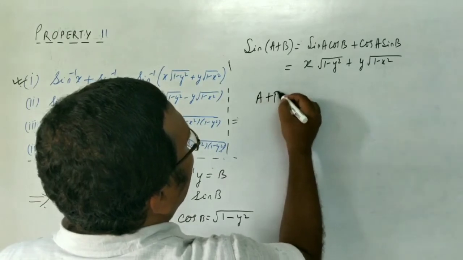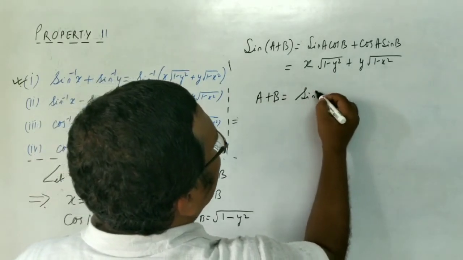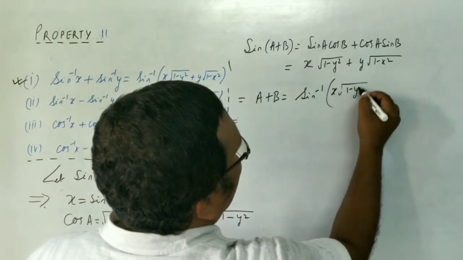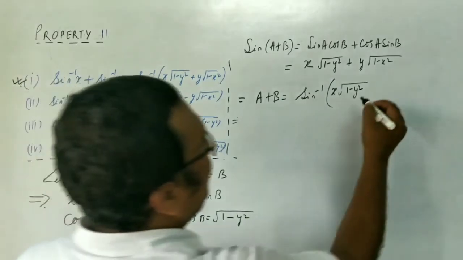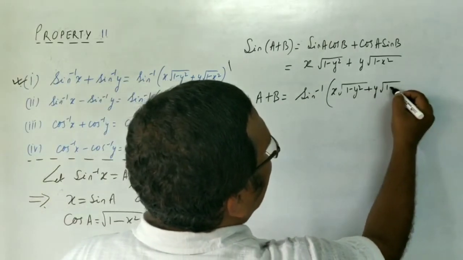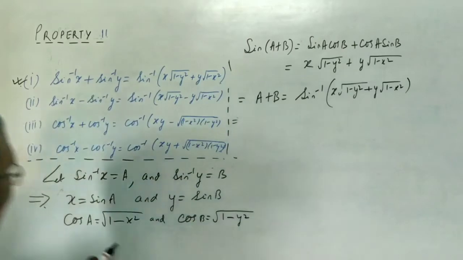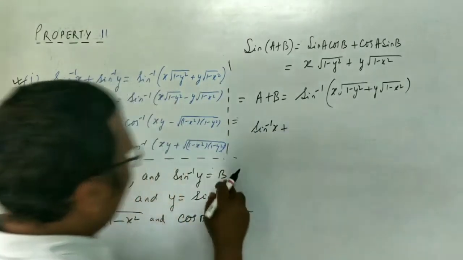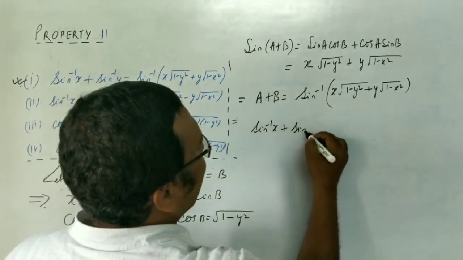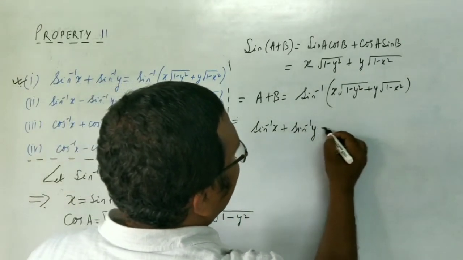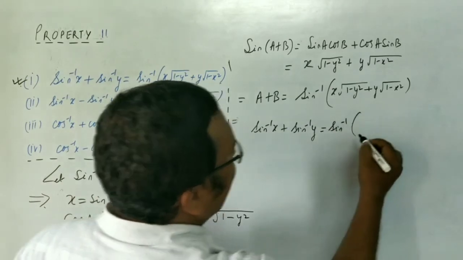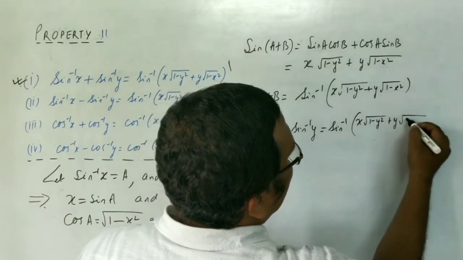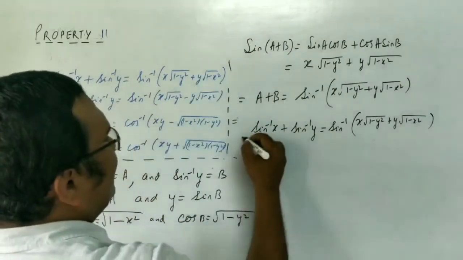So A plus B is equal to sin inverse of x root 1 minus y square plus y root 1 minus x square. What is A? A is sine inverse x. And what is B? B is sine inverse y. And this is equal to sine inverse x. This is the first one.